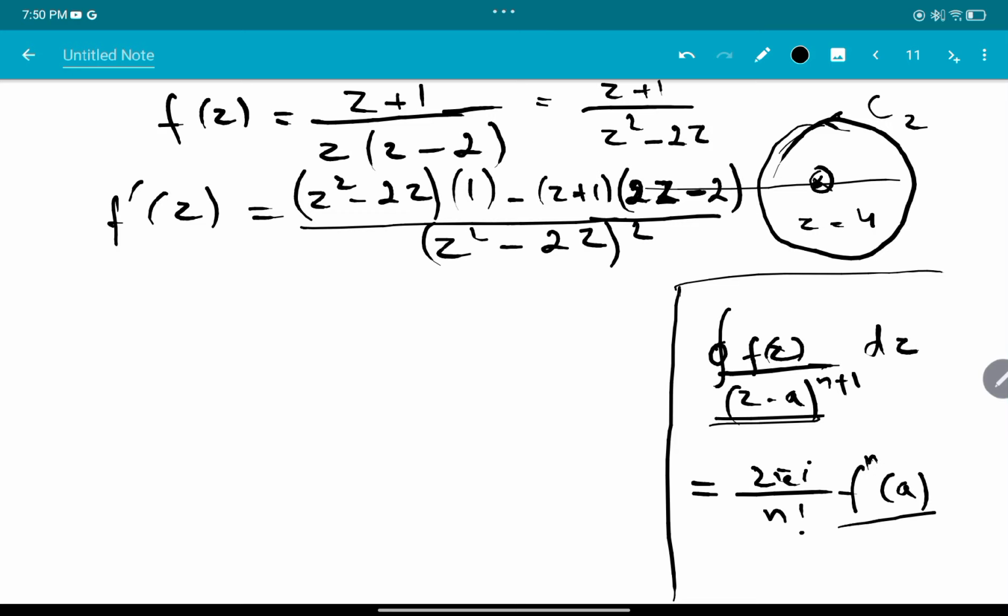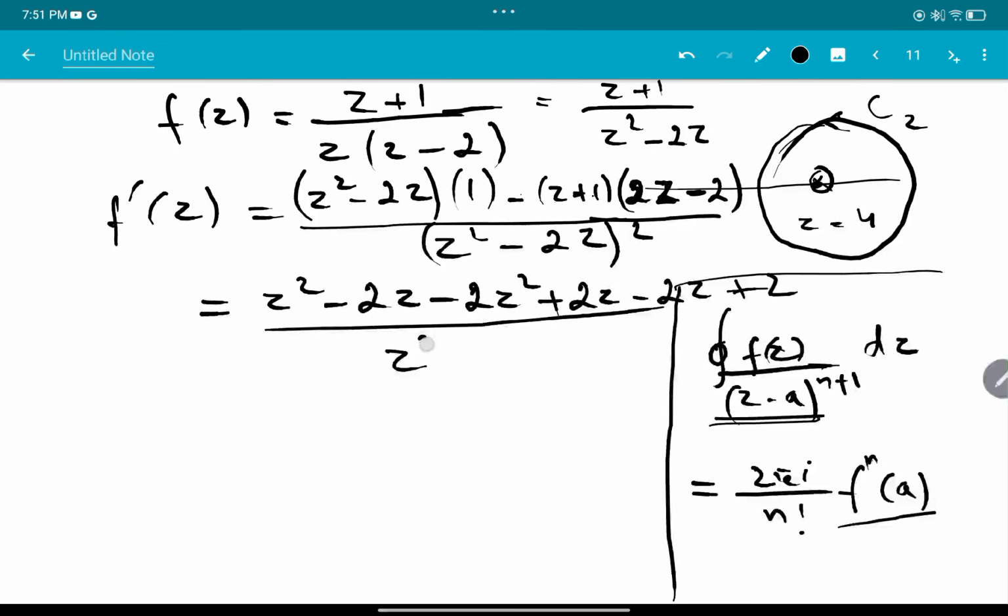I have to substitute z equal to 4, no, not yet. First I have to find the second order derivative, so first let me simplify this. z square minus 2z minus, let us see: you have z into 2z, that is 2z square, minus z into 2, plus 2z, and then I have minus 2z here, then minus 1 into minus 2, that is plus 2, divided by z square minus 2z whole raised to 2.